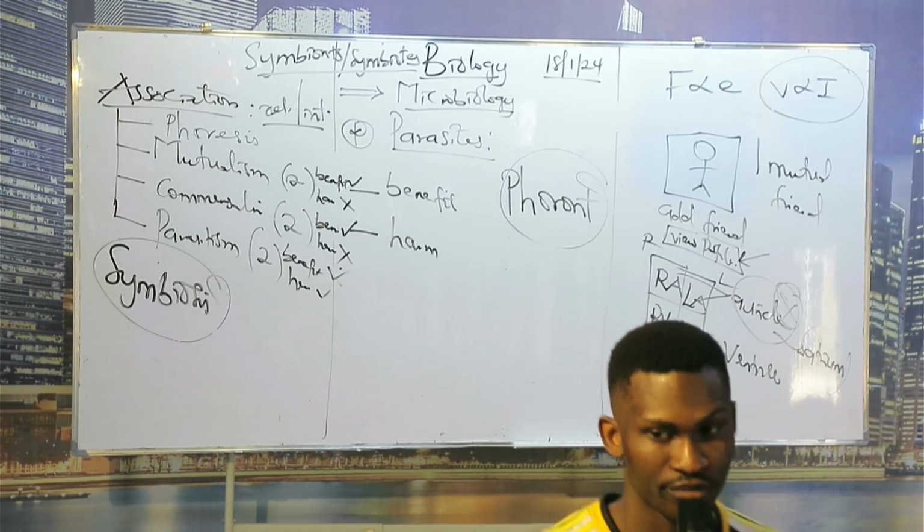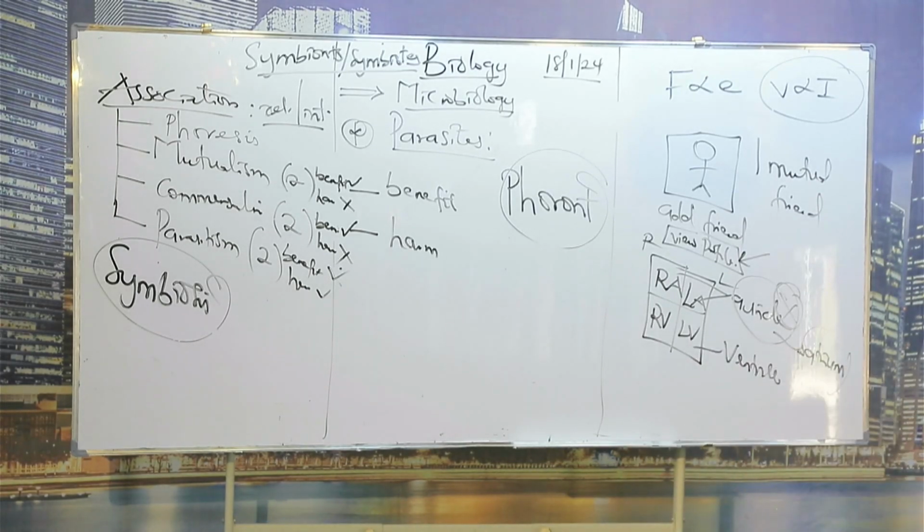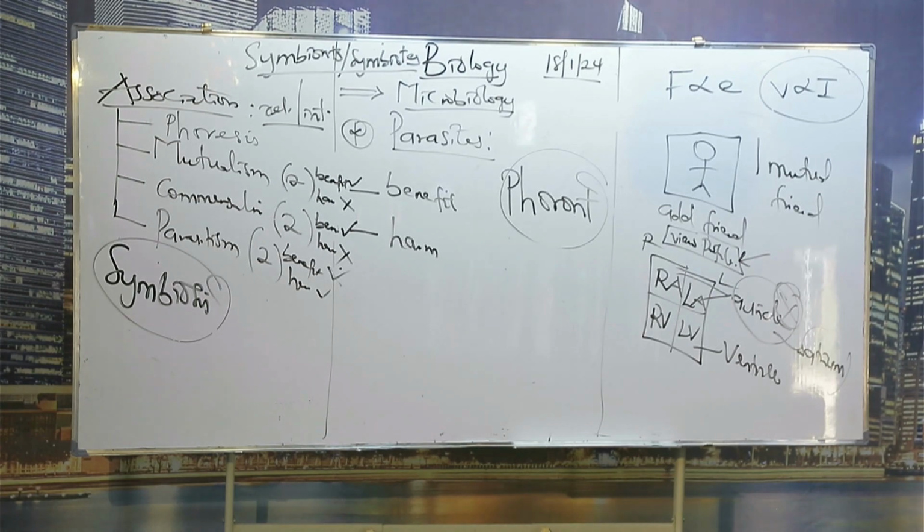What other examples? Give me, please. Remora, is it here? Remora and catfish? Okay, that one is commensalism. I say termites and its intestinal flagellates.